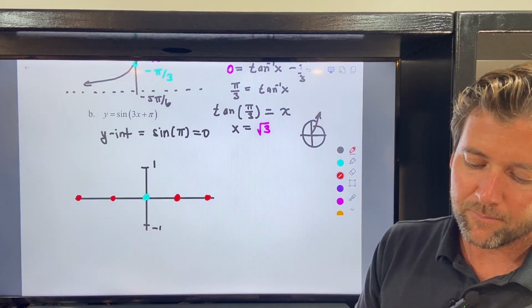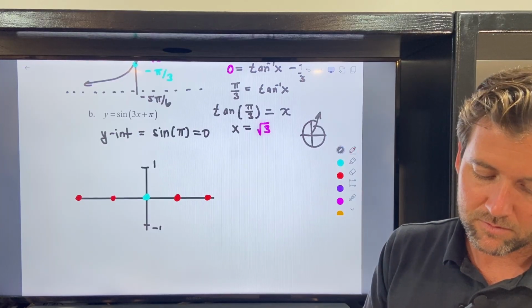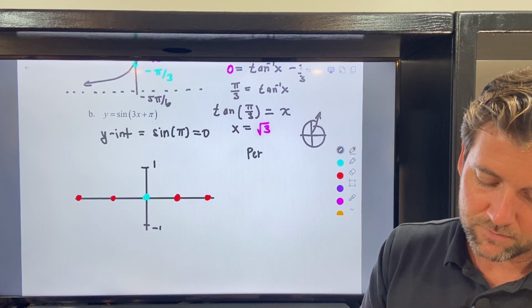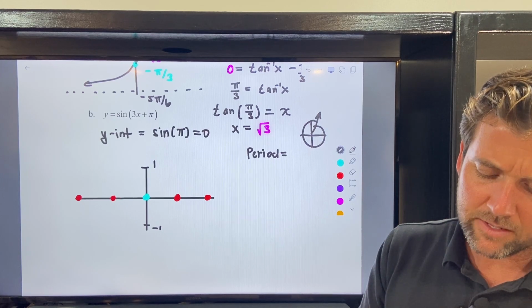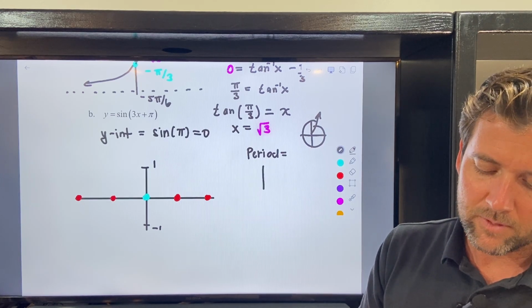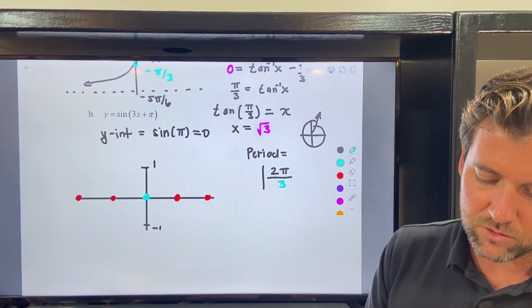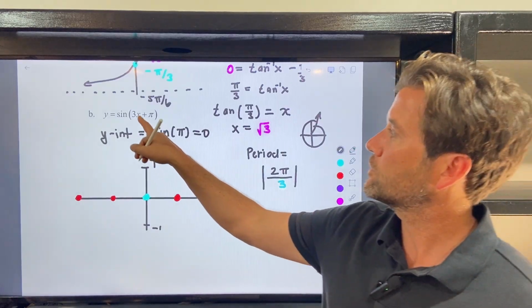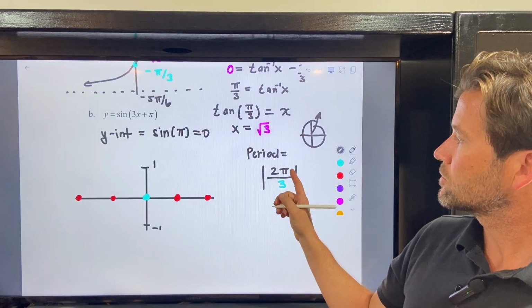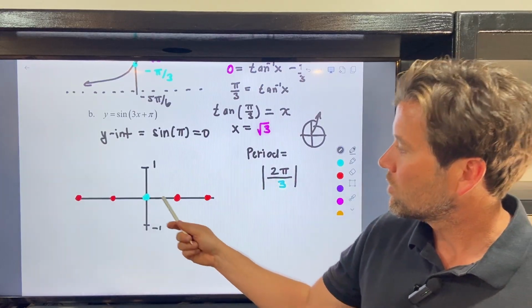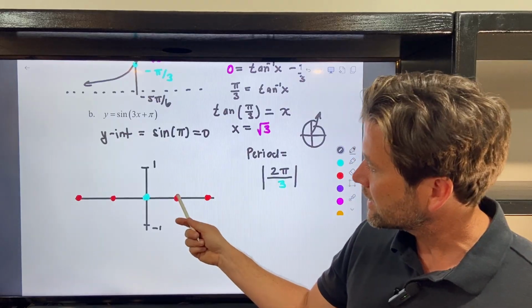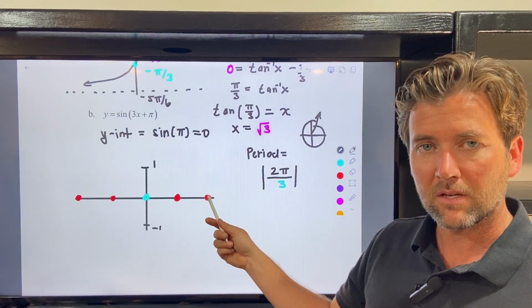So if you guys remember, to find the period of the function, it's technically the absolute value. It's 2 pi divided by the coefficient of x, which is 3. See this coefficient of x, it's 3. And so the period is 2 pi over 3. That means from here all the way to the second x-intercept will be a whole period.